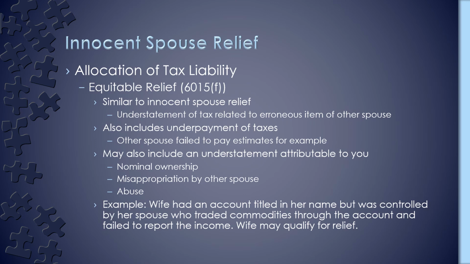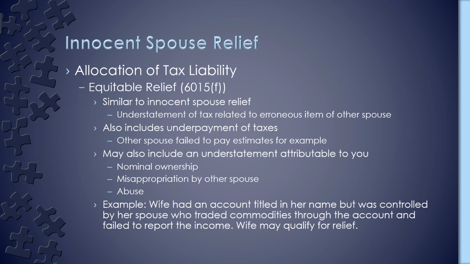You can have a situation where you actually own an asset, but your spouse has stolen or misappropriated the asset, the proceeds from a sale of an asset, or the income that's generated by an asset. Doesn't matter. If it's misappropriated, you might be able to get relief from that.